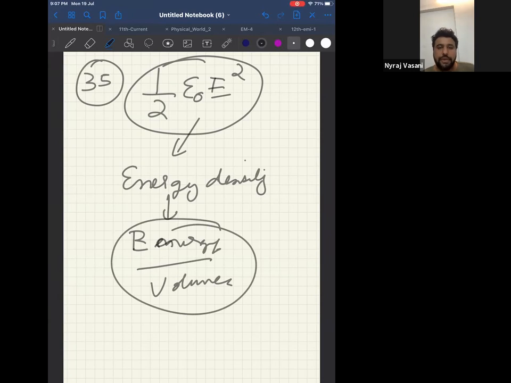So in other words, they are asking us, what is the dimension of energy upon volume? Look at the options, get the dimensions. You should know what is energy and what is volume. Energy is kg meter square per second square, and volume is meter cube. Based on that, give me the answer for 35.